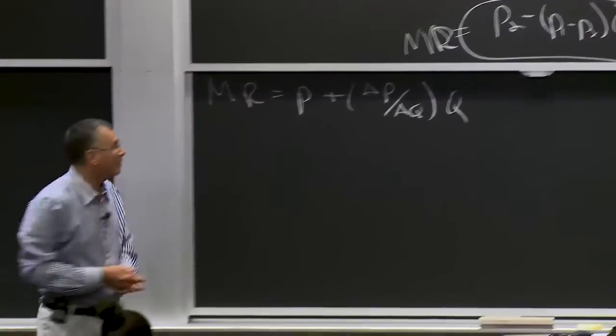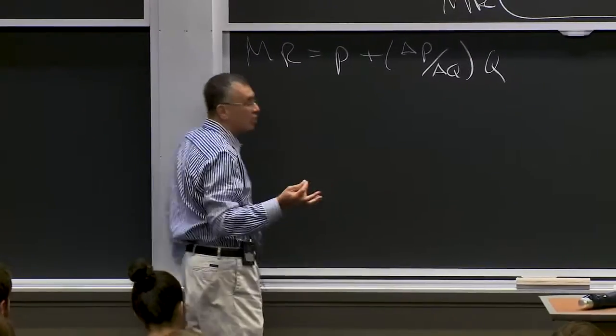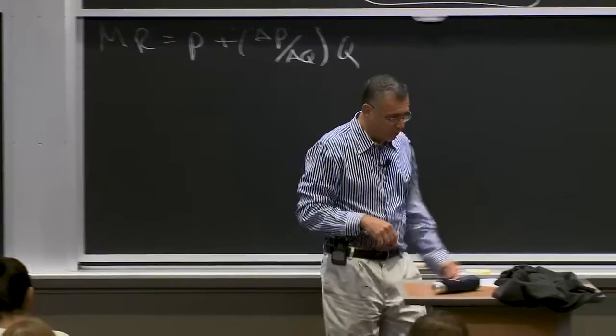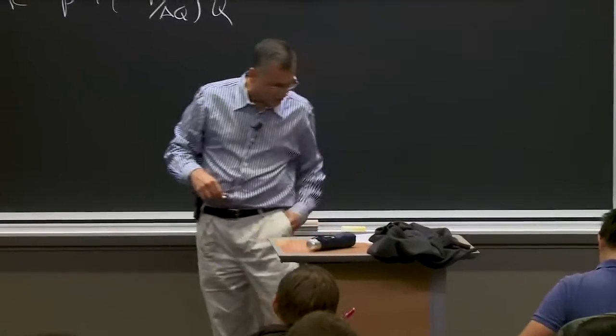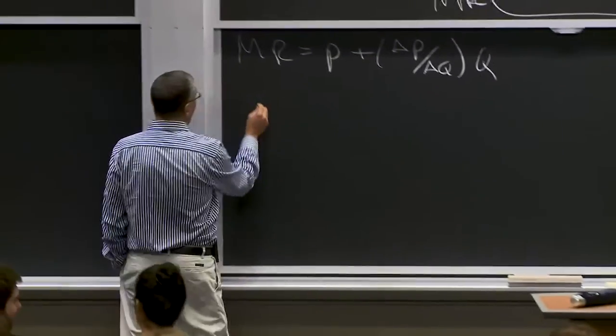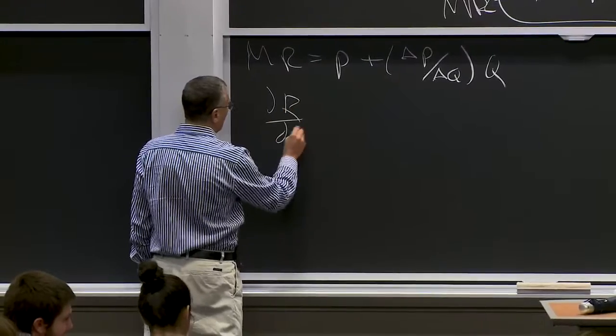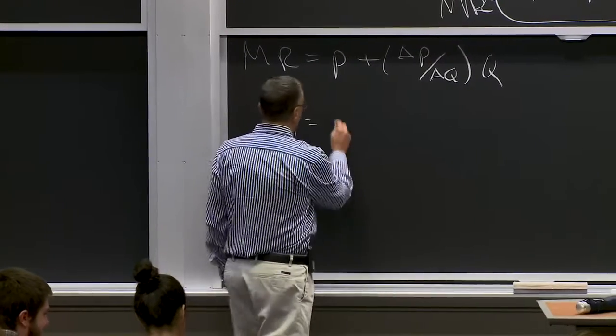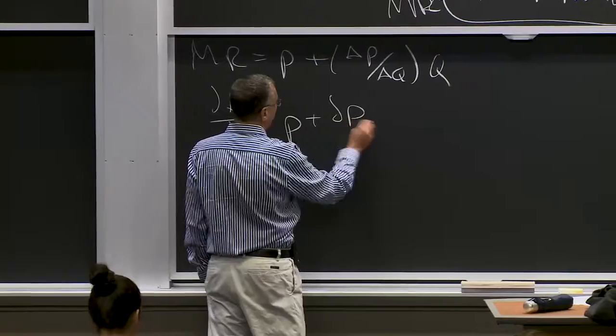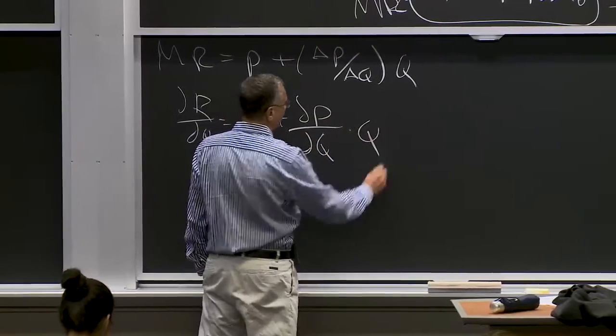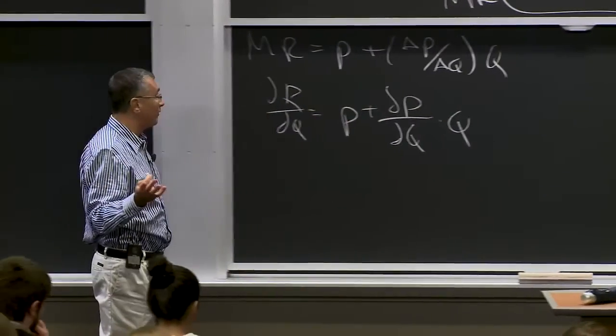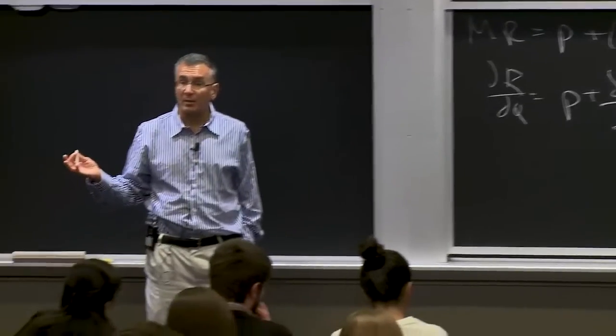Okay? So basically, for those of you who have your calculus, if you just differentiate, if you just write dR/dQ, d revenue dQ, what do you get? You get P plus dP/dQ times Q. That's just the derivative of revenue with respect to quantity.